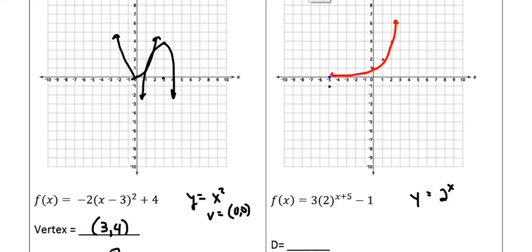We're going to put in this graph now moved over, and you can think of this as our new xy graph.